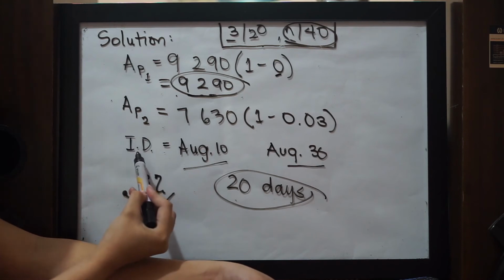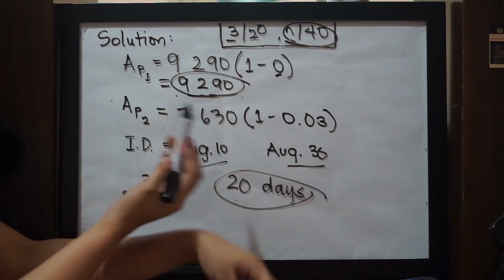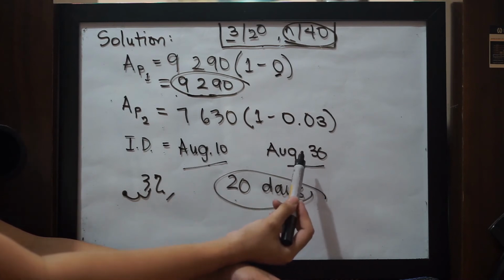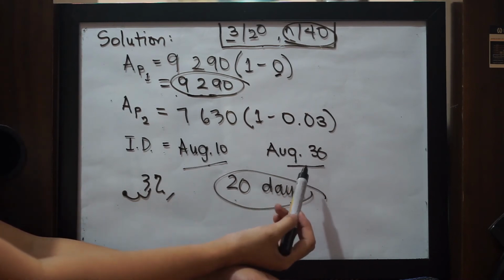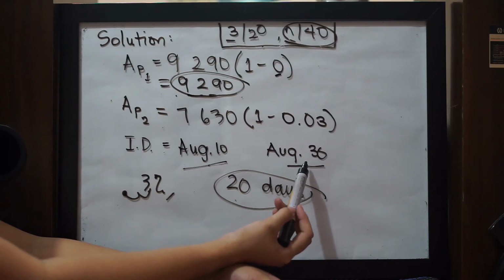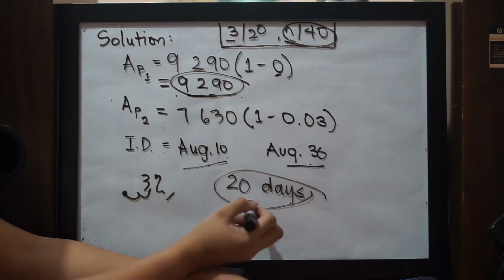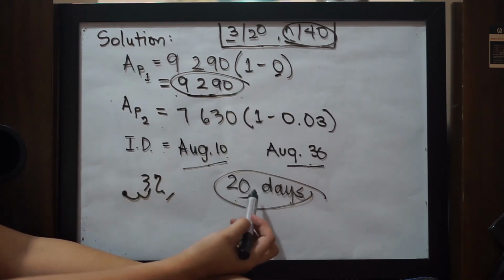Ang gagawin is you identify the invoice date for the second scenario, and that is August 10. And then, babayaran siya ng August 30. So, pagkabayad niya ng August 30, ilang days ang lilipas from August 10 to August 30. Bilangin nyo lang, we will come up with 20 days.